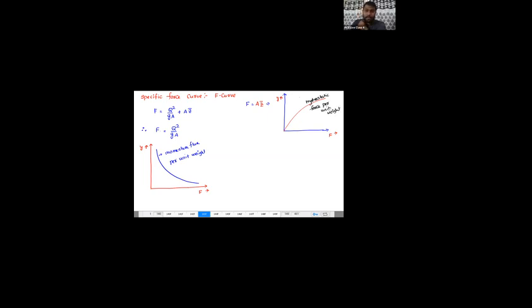Now I need to find out Q square by gA plus A Z bar. So there comes the F curve.